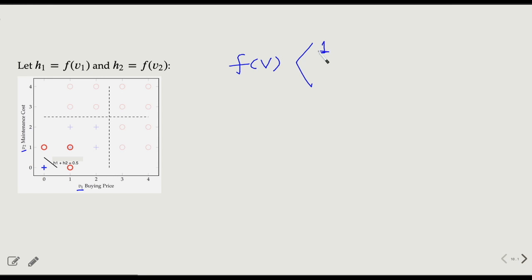So we know the f function here is going to evaluate to 1 for v greater than 2.5, and if it's something less than 2.5, it's going to be 0. For v1, this is going to use a threshold or a cutoff value at 2.5.